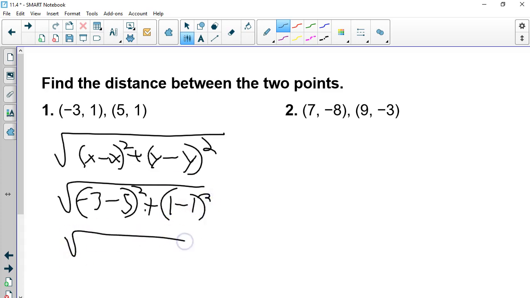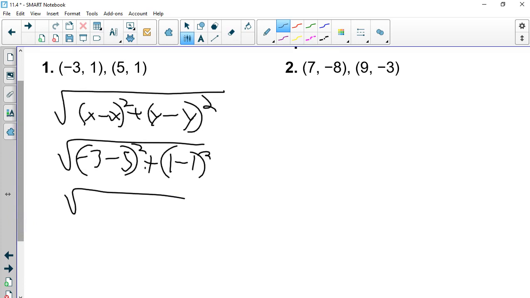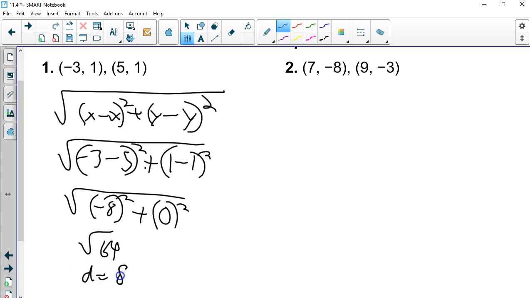So that's the square root of -3 minus 5, which is -8, squared, plus 0 squared, 1 minus 1. So that's the square root of 64. So the distance is 8.